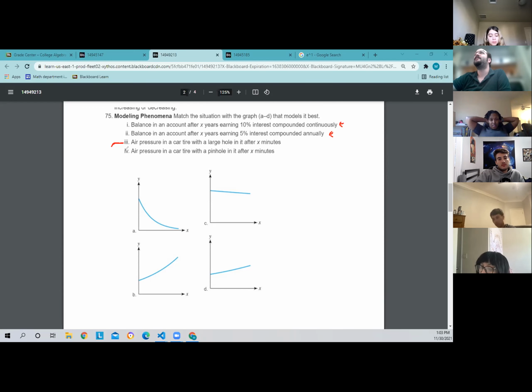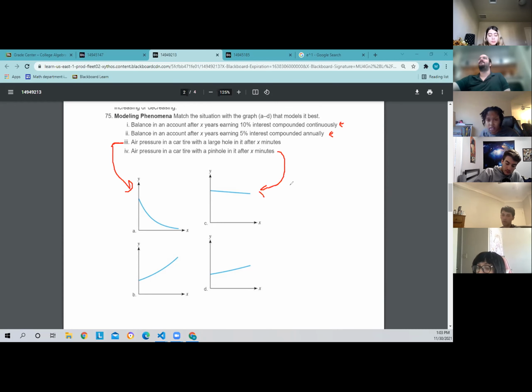Yeah, this is kind of confusing, because we're gonna lose a lot of air at first, and then it's gonna quit losing air. Because these are definitely the two that are decreasing. These two are definitely increasing, right? I believe a pinhole is just gonna go down really slowly, right? Is what this is saying. Ooh, that is a little confusing.